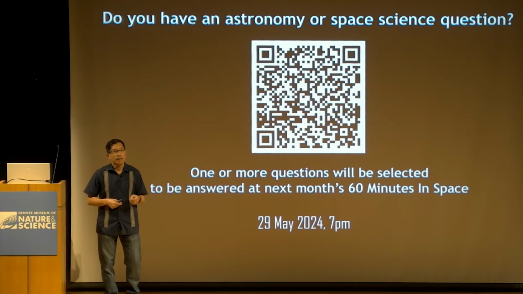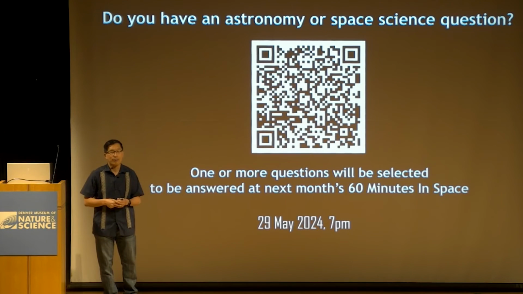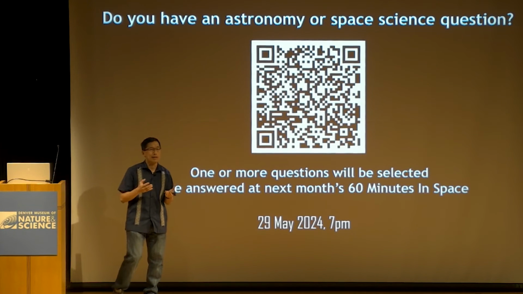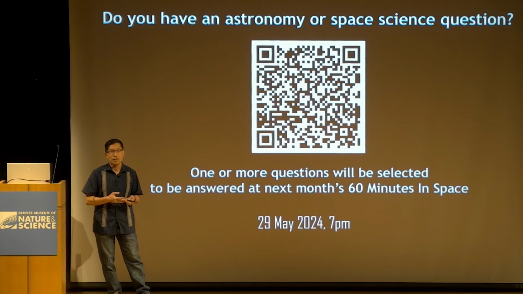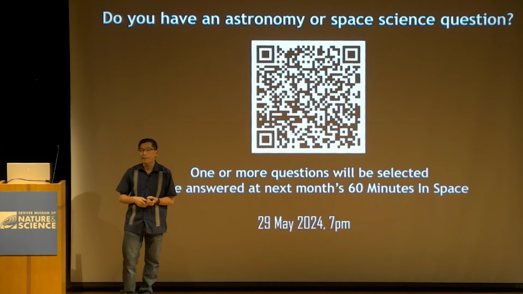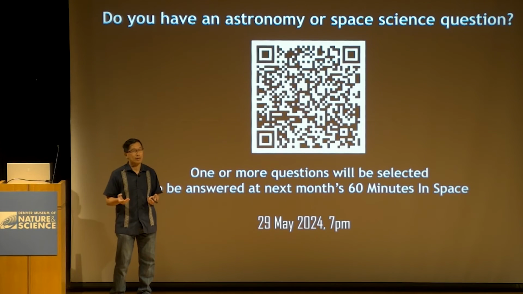Now, there's another category of black holes that I didn't really talk about at all, which are the supermassive black holes. These are black holes at the centers of galaxies. Our Milky Way galaxy sports a 4 million solar mass black hole.